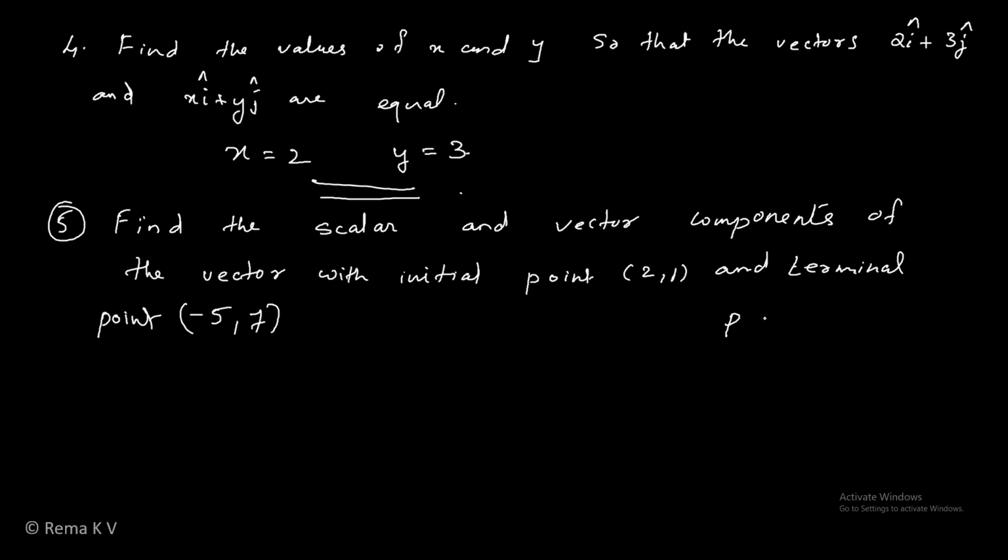Let P be the initial point 2, 1 and Q be the point minus 5, 7.